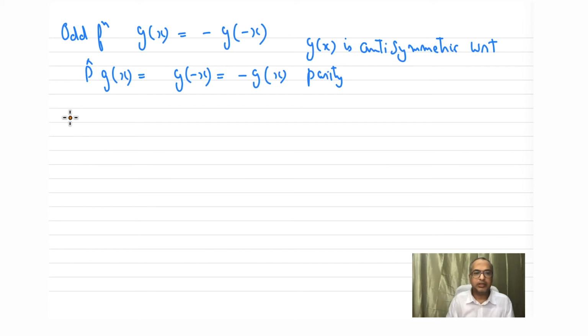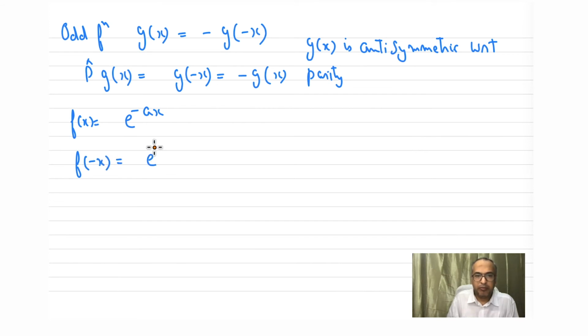Now in certain conditions, the function can be neither even nor odd. It is not necessary. For example, take f(x) equal to e to the power minus ax. What happens if you apply f of minus x?